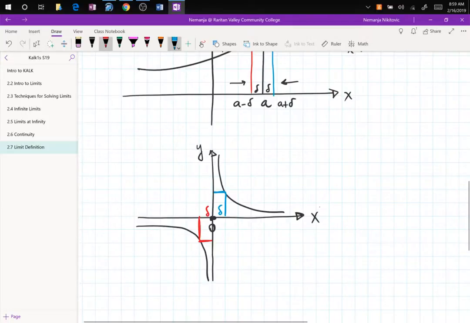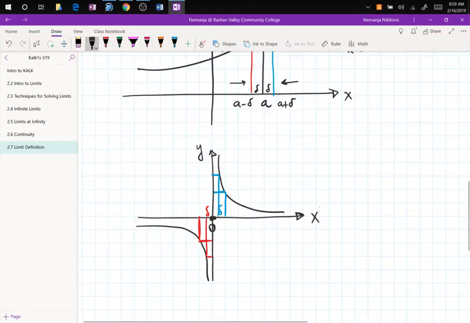If you get closer, now you get closer, so let's say you cut delta in half, or you divide it by 10, instead of using 0.1, use 0.01, you see that the y values are jumping apart more and more, right?